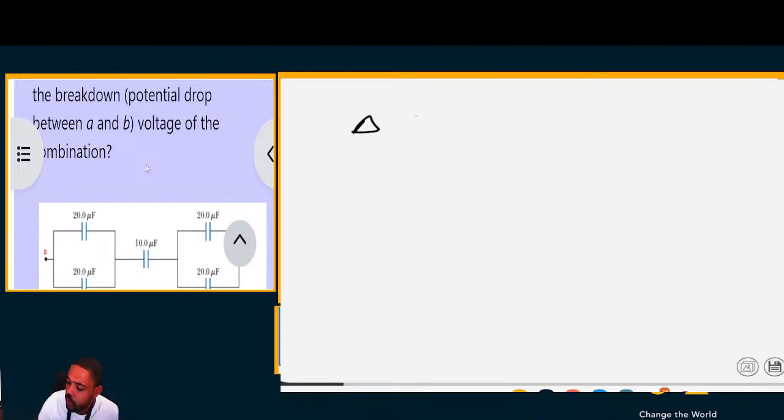Now the voltage for the center one, remember it's going to break down first, because we just said that the voltage of AC is equal to 4 times the voltage of AC is equal to the voltage of CD is equal to the voltage of DB.